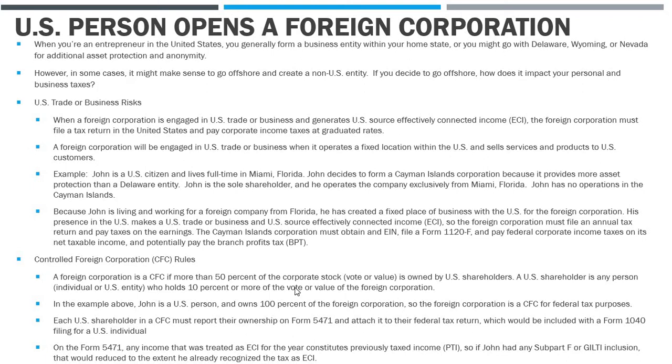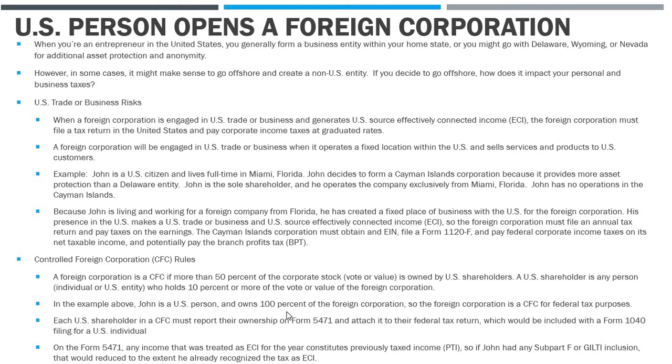Now, what's unique here is that when you have a situation where a CFC has also created a U.S. trade or business and has ECI, on the Form 5471, any income that was treated as ECI and subject to tax is going to be PTI, or previously taxed income. So if John had what would otherwise be considered Subpart F or a GILTI inclusion, where he had to have income effectively passed through to him, he can reduce that inclusion to the extent that he's already recognized the income and had it subject to tax as ECI on the Form 1120-F.